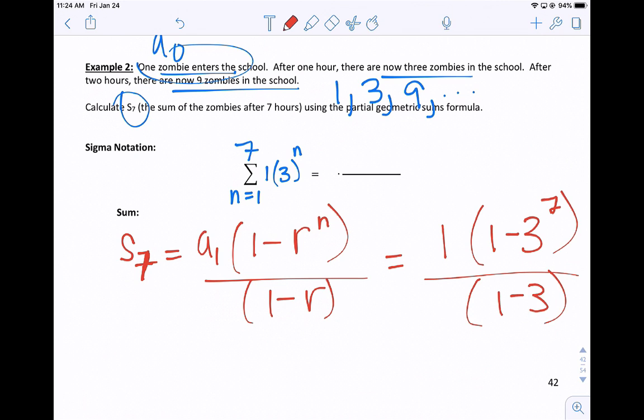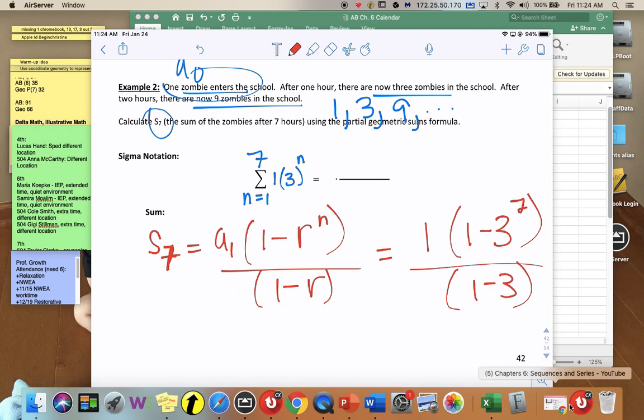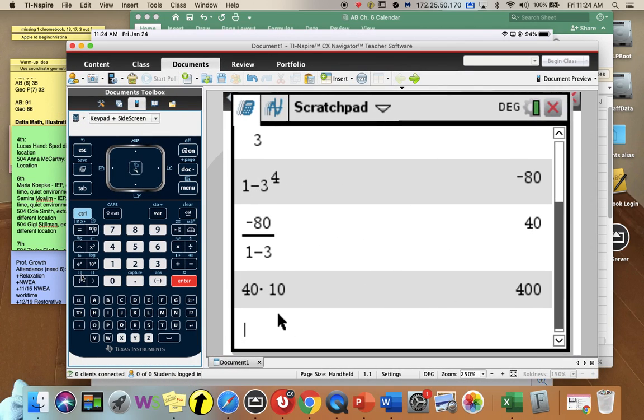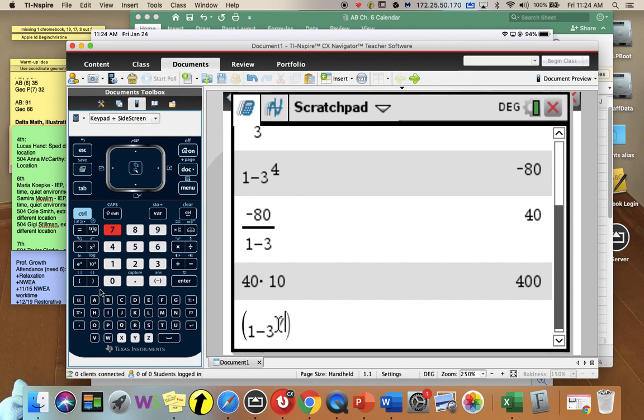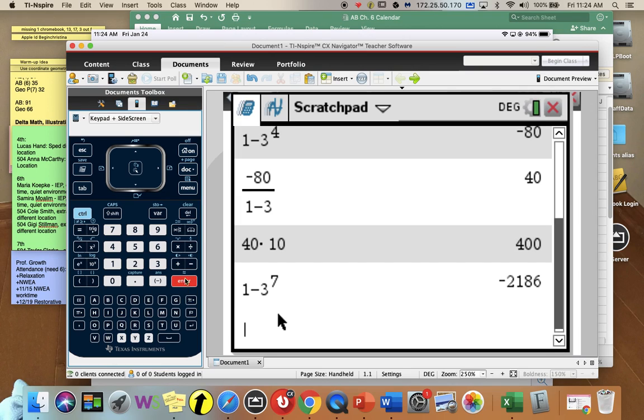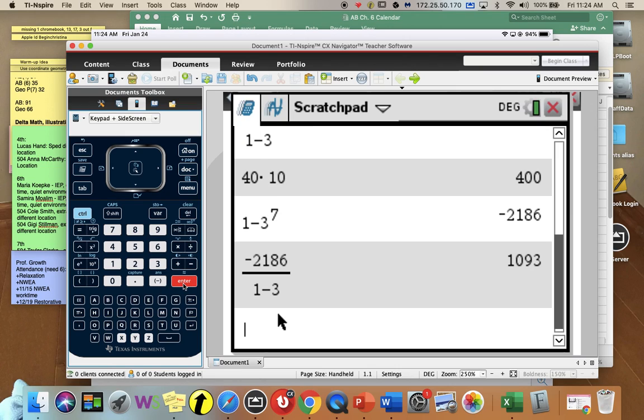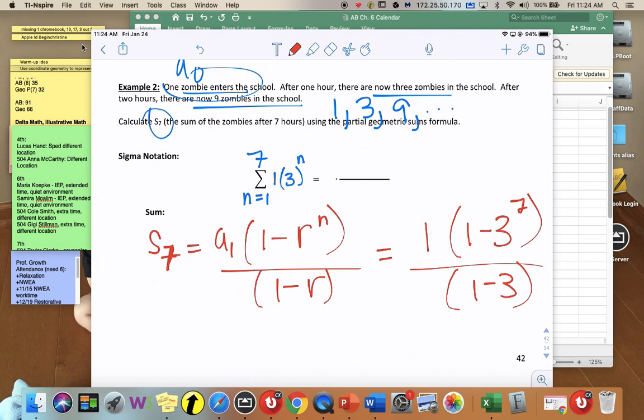So to type that into our calculator, again I would do 1 minus 3 to the 7th first, divided by 1 minus the ratio, and then times 1. So after 7 hours, the total number of zombies would be 1,093.